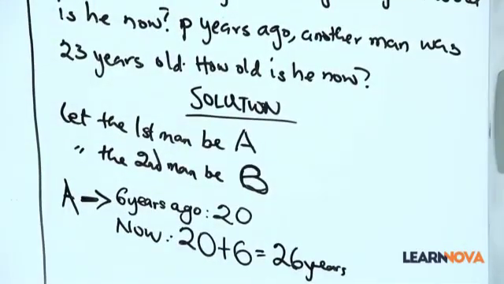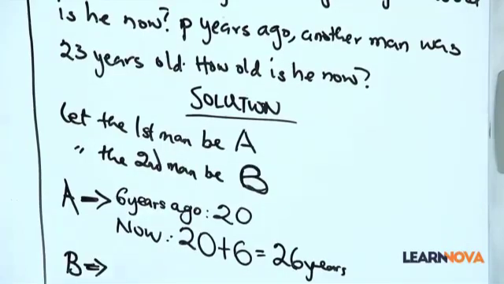Now, let's go to the second man. P years ago, notice that for the second man, we do not actually know how many years, but it was represented by a letter. But not to worry. In algebra, you can add numbers and letters.